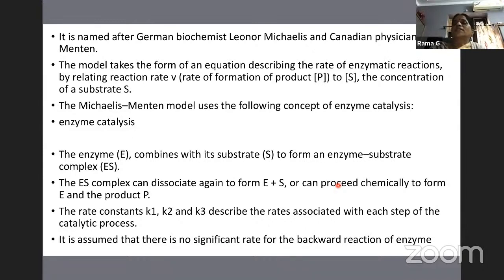It is assumed that there is no significant rate for the backward reaction of the enzyme. That means the enzyme-substrate complex goes forward in giving the enzyme with the product, but never comes back to give the substrate and the enzyme.